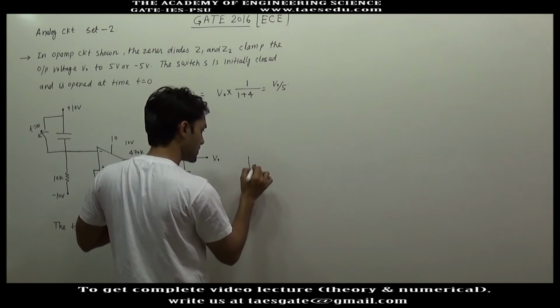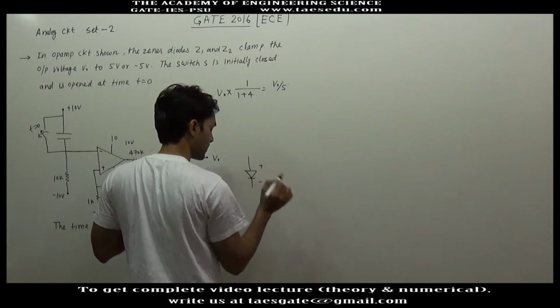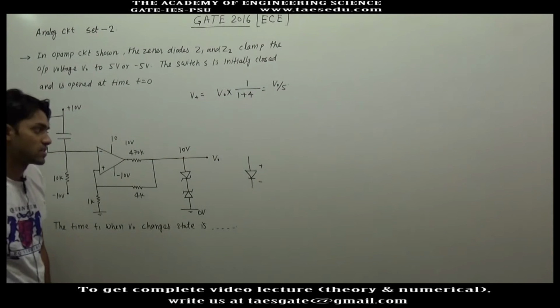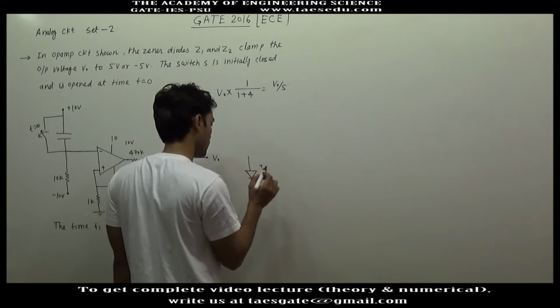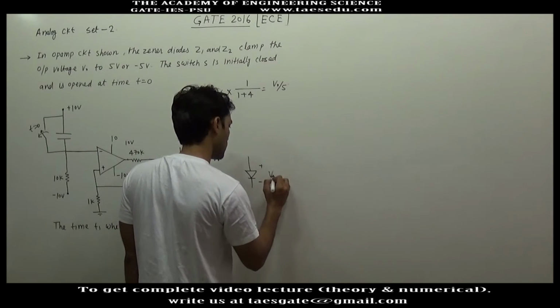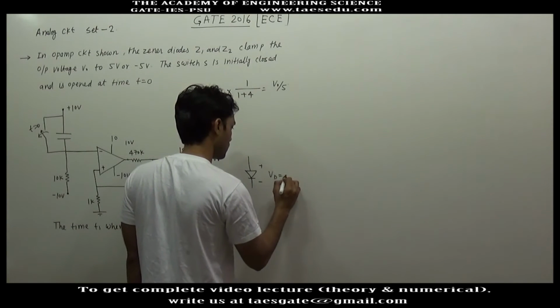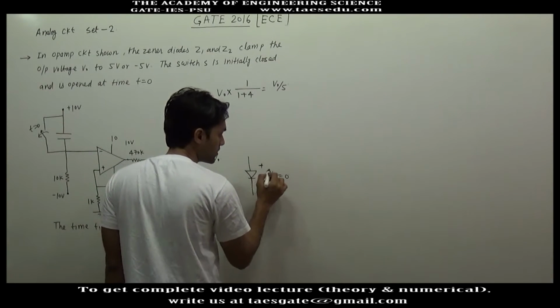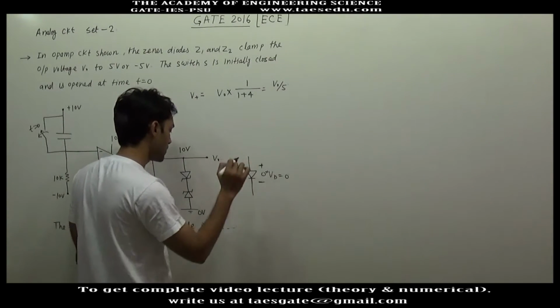If this is an ideal Zener diode, its operation in forward mode is the same as a normal diode. So if it is an ideal diode, the voltage across this diode will be 0, or just greater than 0 voltage will be required to turn it on.